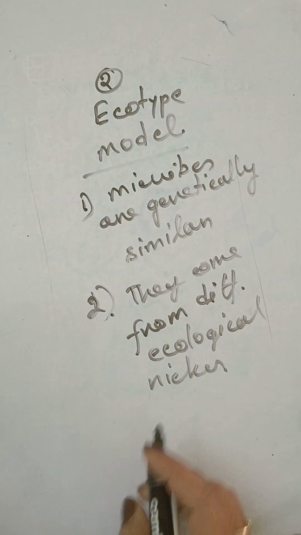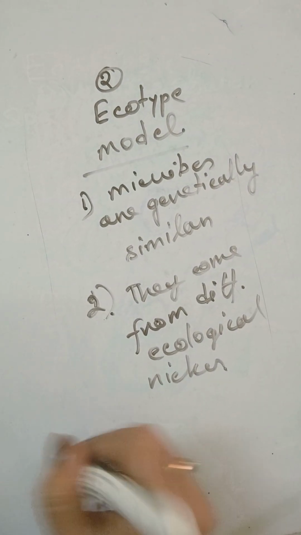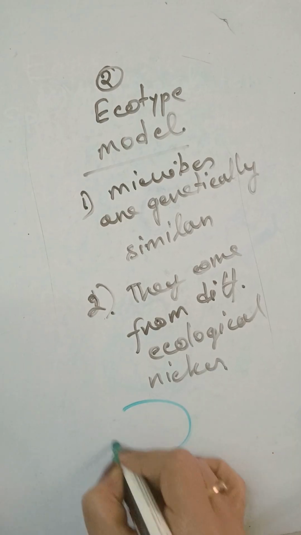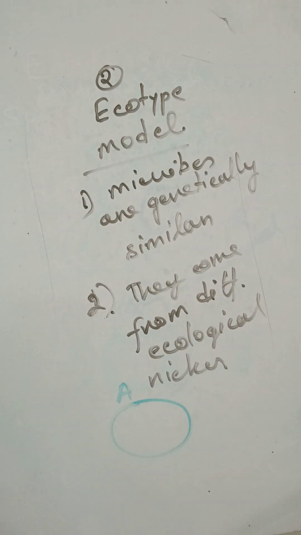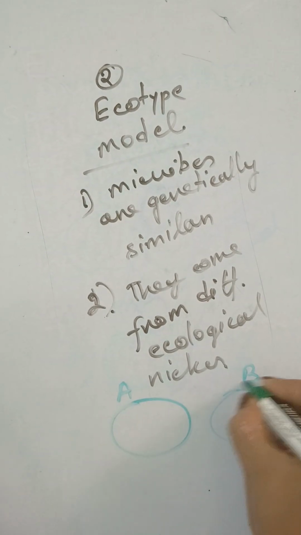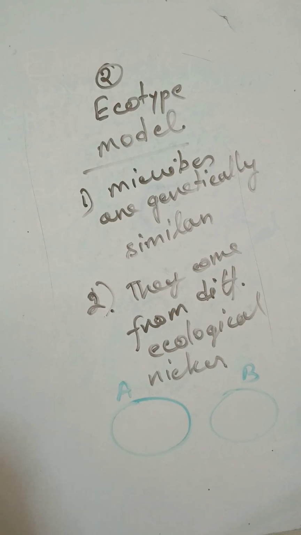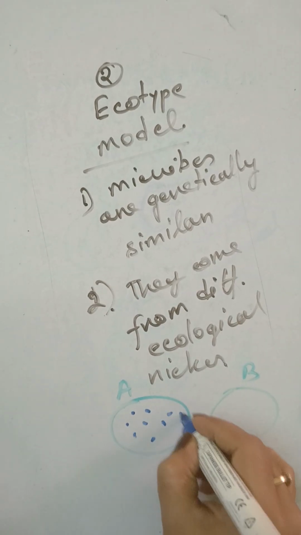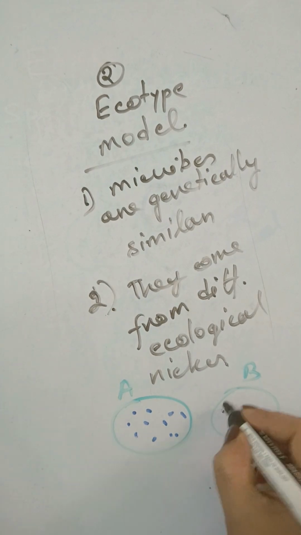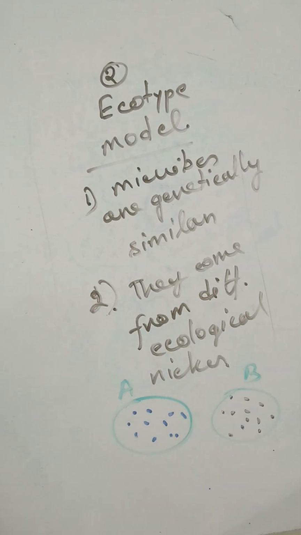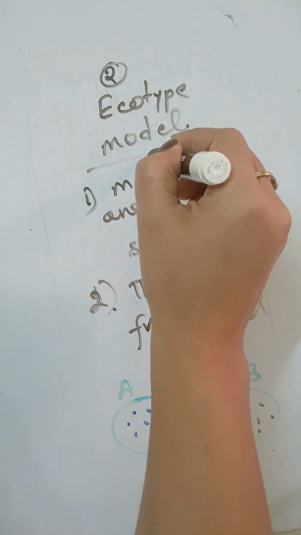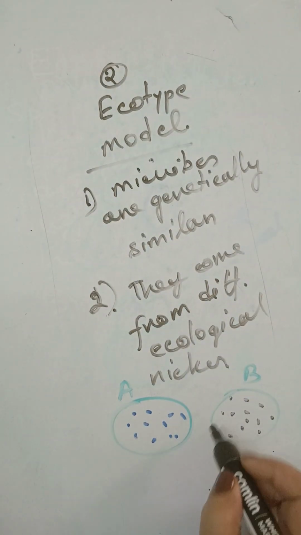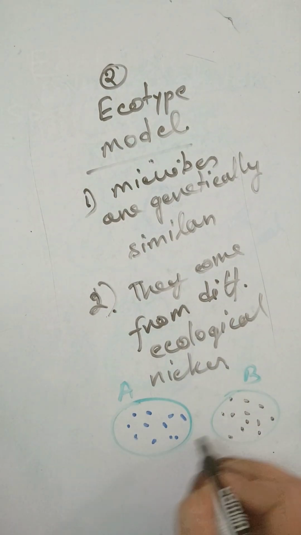Okay, so suppose there are two niches, this is ecological niche 1 and this is ecological niche 2. There are different microbes in population A, and in patch B there are different microbes. Now due to this theory, they always come from different ecological niches.